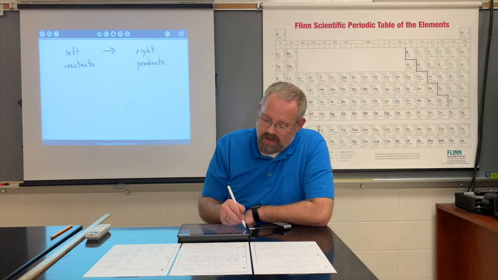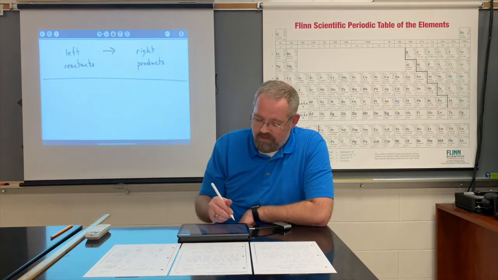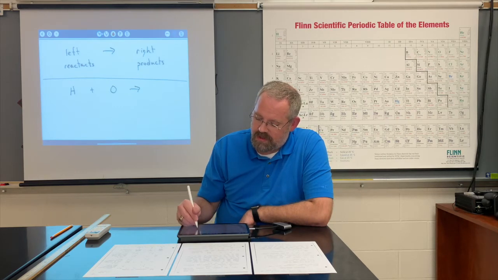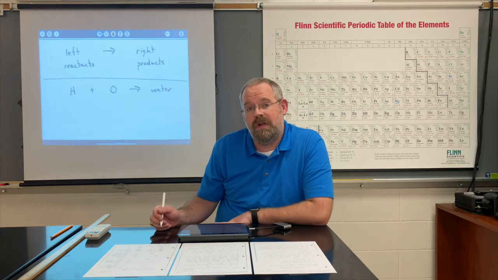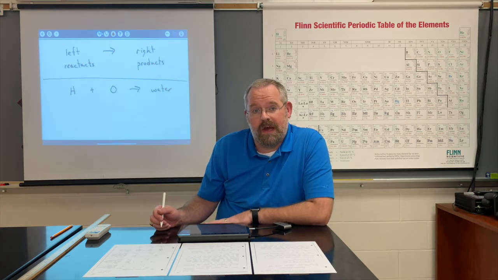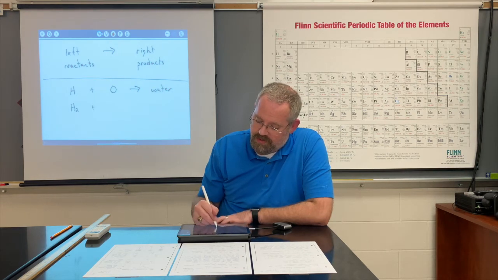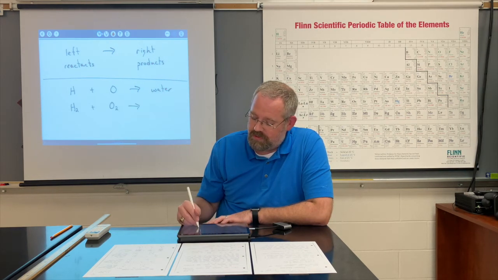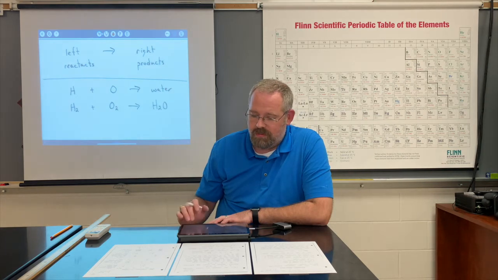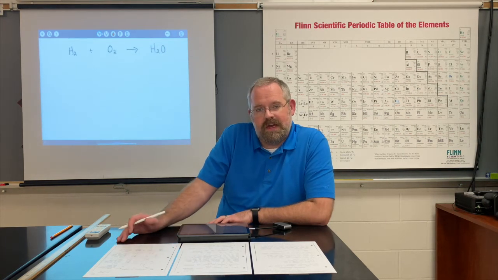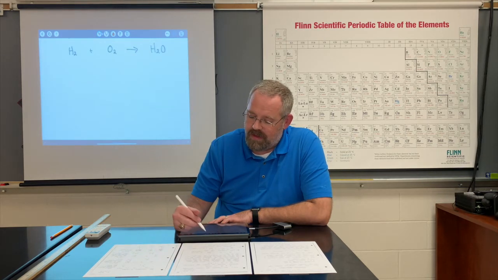So let's look at the production of water. Hydrogen plus oxygen yields water. Now, if you remember, hydrogen and oxygen are diatomics, so they must be written with a 2. So H2 plus O2 yields H2O. All right. So what we need to do now is look at the left side and the right side of our equation, and that's going to be where our arrow is.